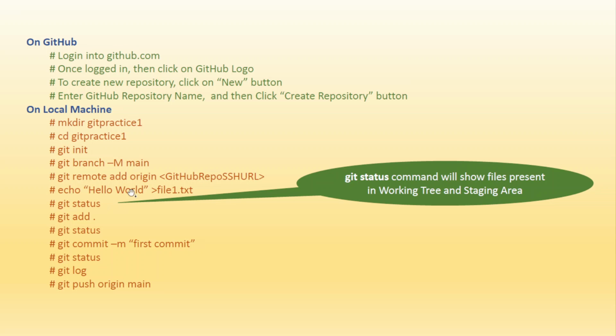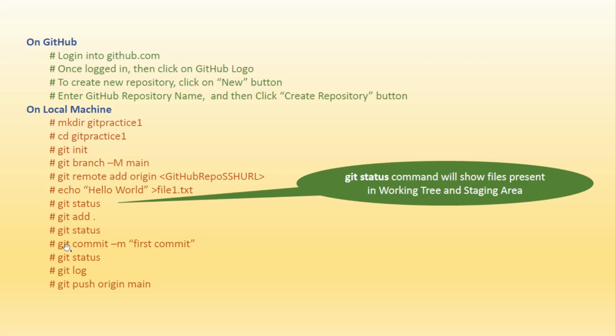As soon as we create our file, it will go to the working tree and we can see it using the git status command. After that, we would be running git add dot. It will move this particular file from the working tree to the staging area. Again, we will run git status just to see whether it has reached the staging area or not.